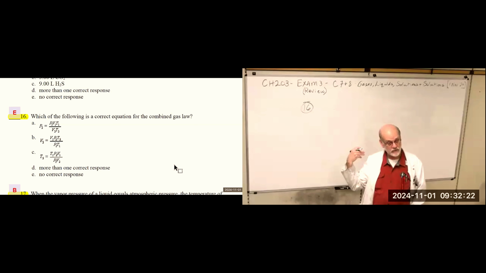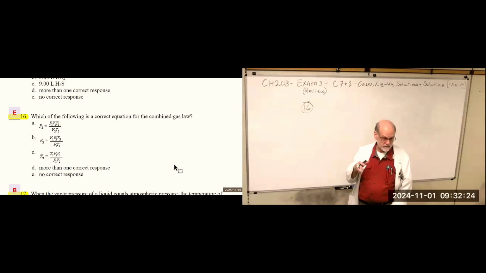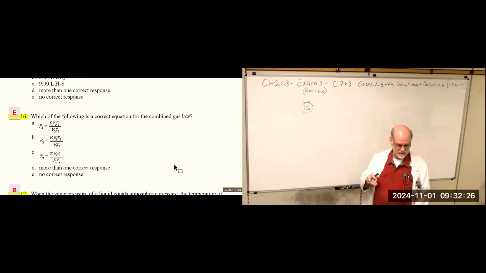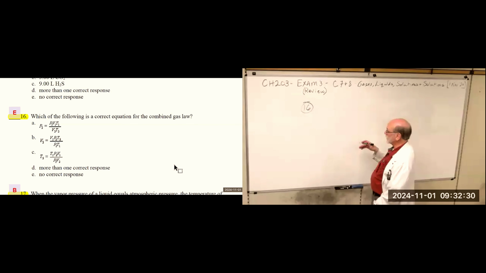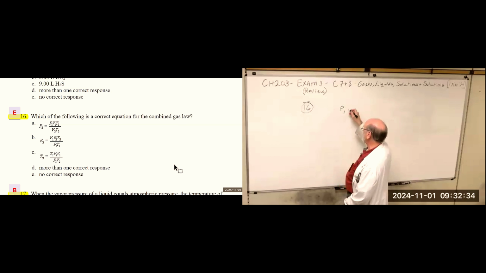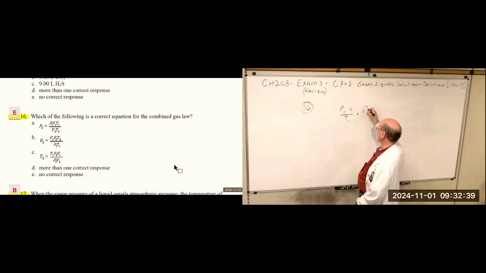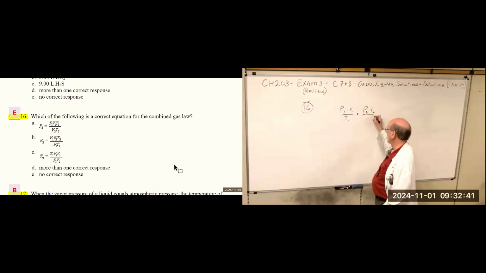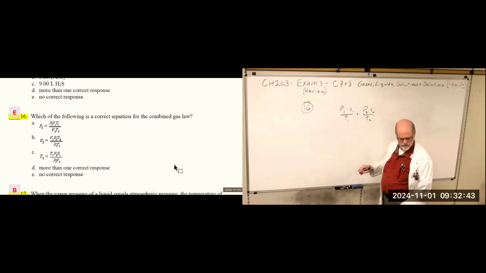When I presented it to you in class, I included moles. But now we're going to leave the moles out. So if we look at the combined gas law in the way we presented it earlier, pressure volume over temperature equals pressure volume over temperature. They're using ones and twos? Yeah. Okay.